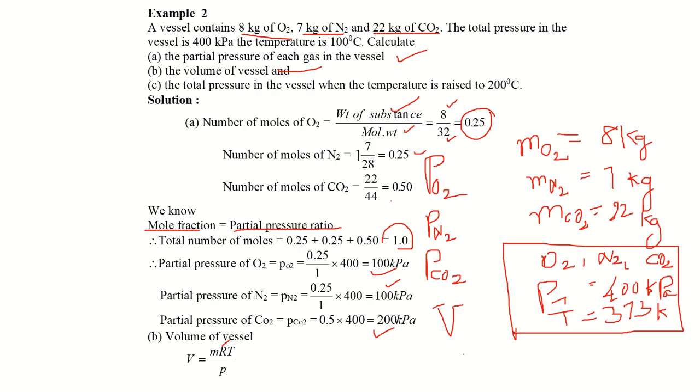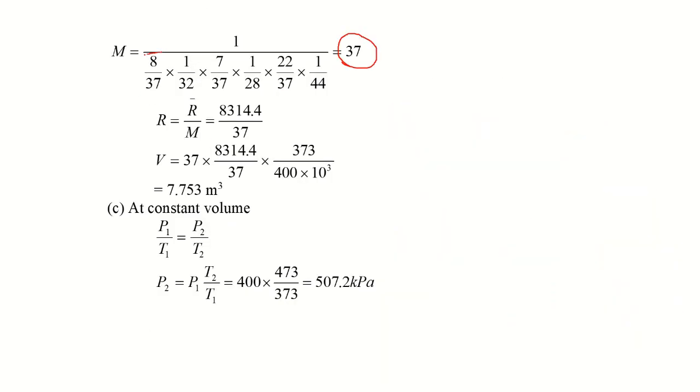So mass fraction of oxygen is 8 by 37 divided by its molecular weight. Mass fraction of nitrogen is 7 by 37 divided by its molecular weight. Mass fraction of carbon dioxide is this divided by its molecular weight. So you got the molecular weight of the mixture.